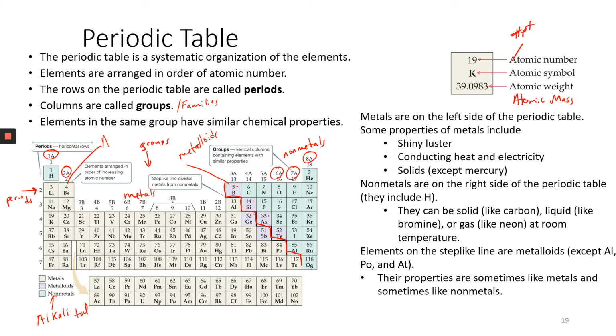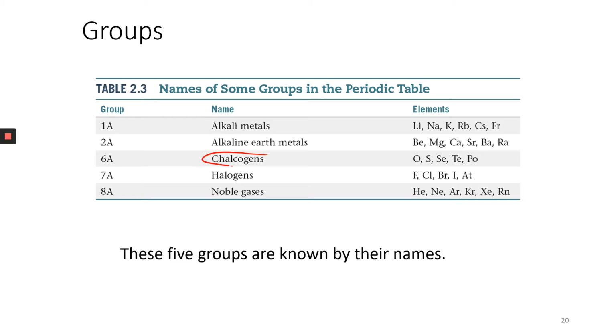This group right here is your alkaline earth. The last column here is your noble gases. And next to that is your halogens. And we've never really discussed the name of this column before, but that is called your, sure I'm spelling it right, chalcogens, okay?